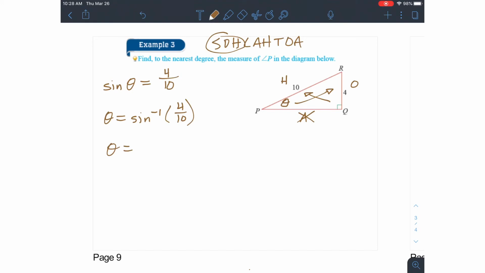And what we get when we do the arcsine of 4/10 is 23.58 degrees. And it said that we're supposed to write it as the nearest degree, so we'll round that to 24 degrees.